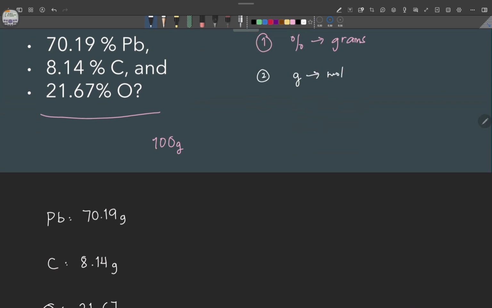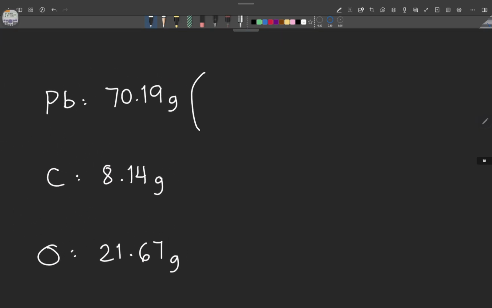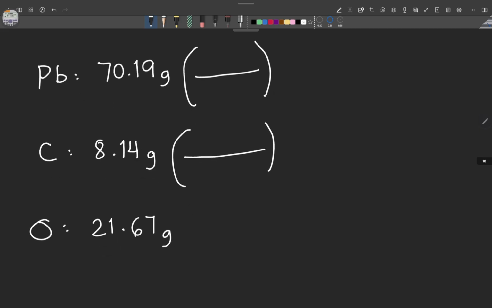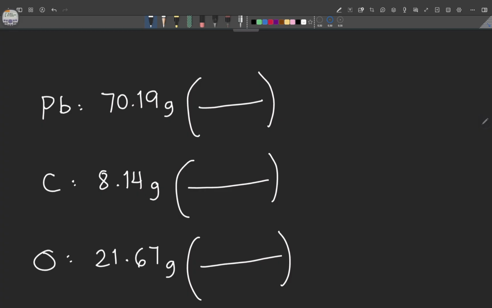Grams to moles. How do we convert that? We multiply this by their molar mass from the periodic table. So, how much is that? Pb in the periodic table. So, bring out your periodic table. So, Pb is 207. So, 207 here.